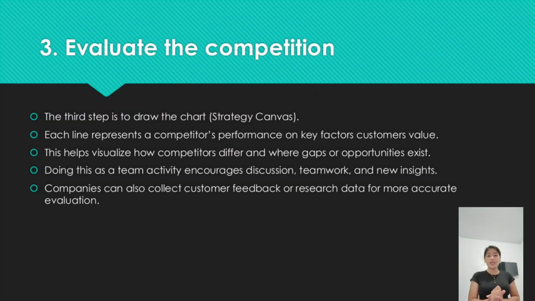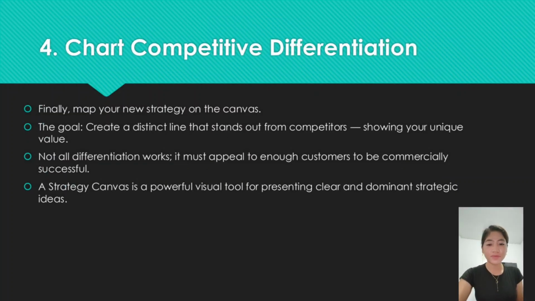For example, in the beverage industry, Coca-Cola may score high on brand loyalty, while Pepsi may lead in flavor variety and sweetness. So the chart helps both companies see where to improve. That is why they use a graph or chart.